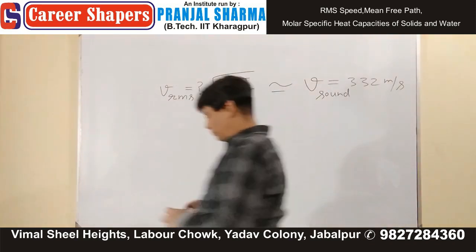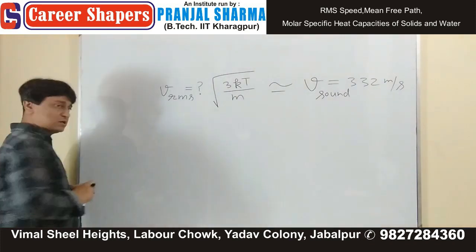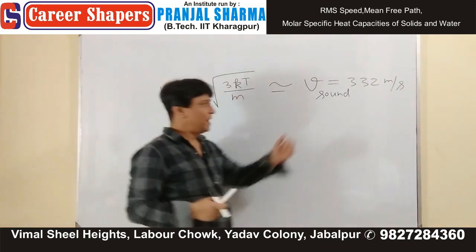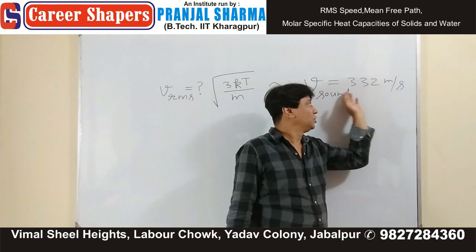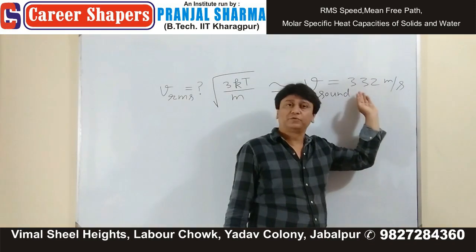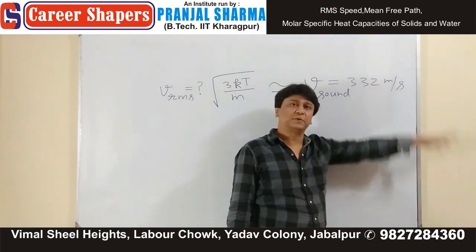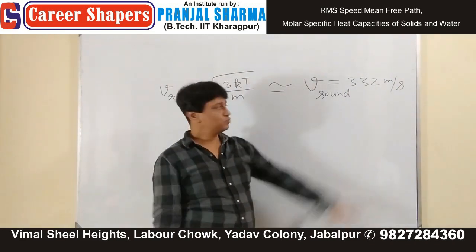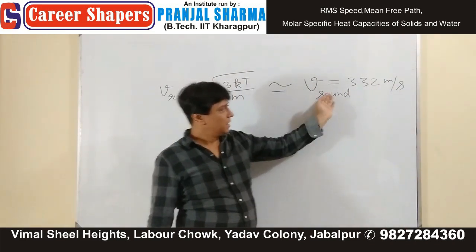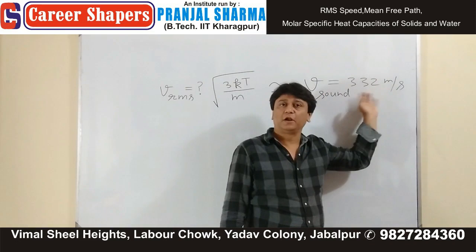This creates a problem for us. If you say that a gas molecule is moving with a speed of 332 meters per second, in just 1 second, it can move 332 meters.